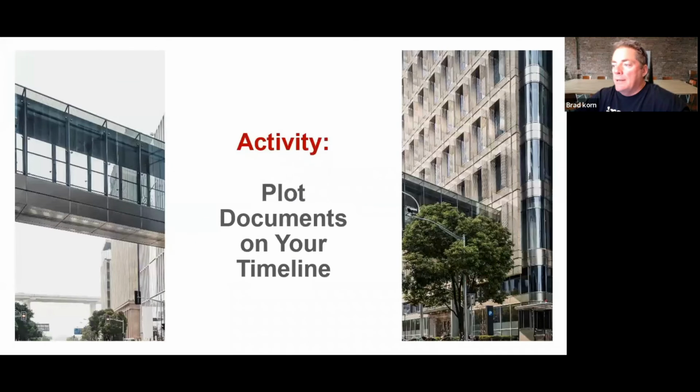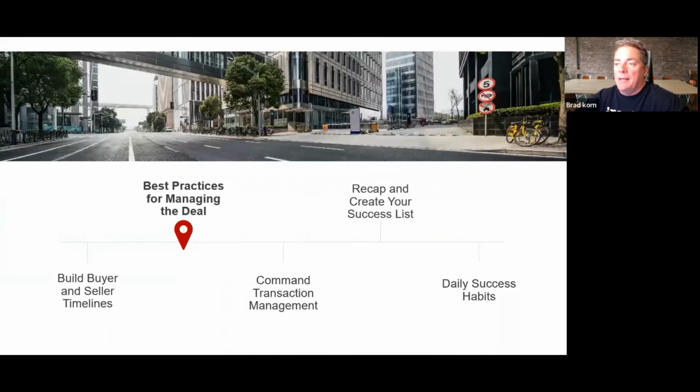Got it. And then plot your documents on your timeline too. So that's any other documents that you may need. We have the closing, the title company, the address, the contact information. We do most of our stuff with one particular title company, but I actually have 3 different letters and 3 different title companies, depending on who we're dealing with. Your attorney information.